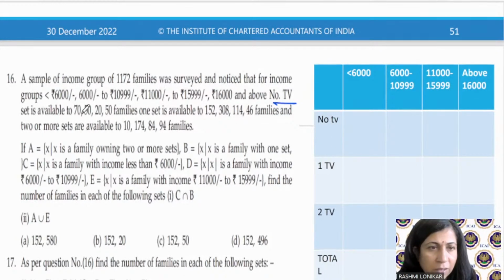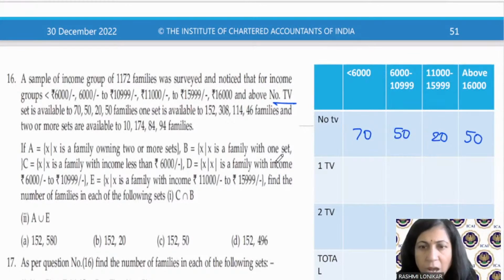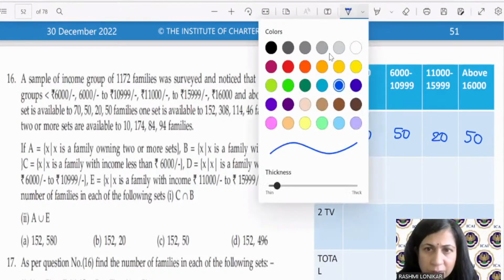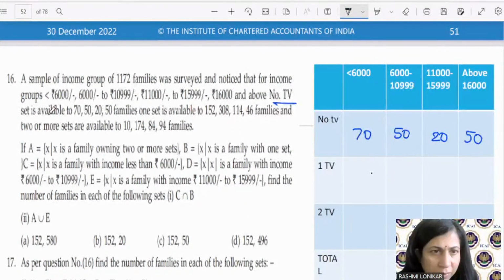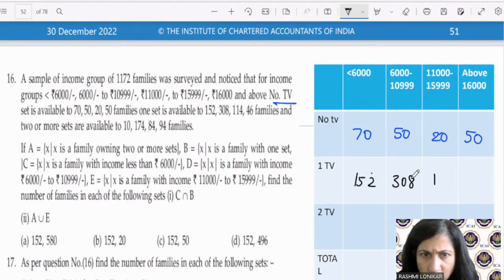No TV: 70, 50, 20, and 50. How many have one TV? One set is available to 152, 308, 114, and 46.